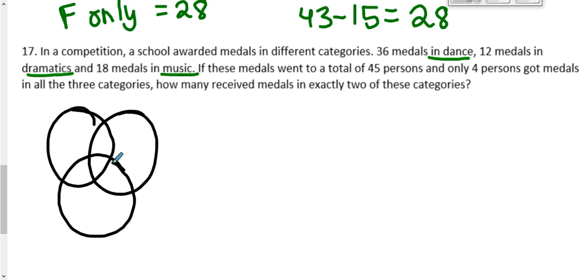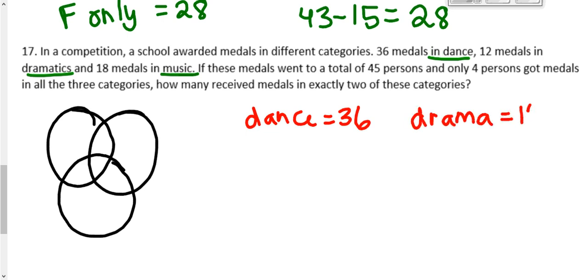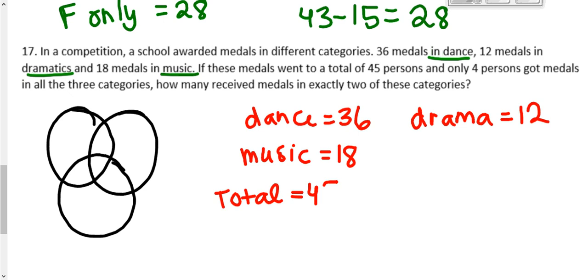So total for dance is 36. Total for dramatics is 12. And total for music is 18. We have the overall total for everything is 45.